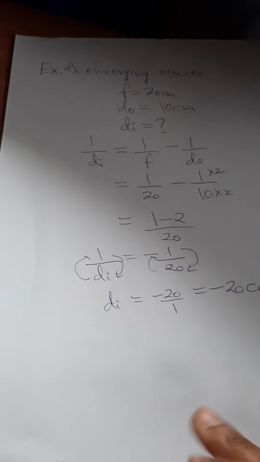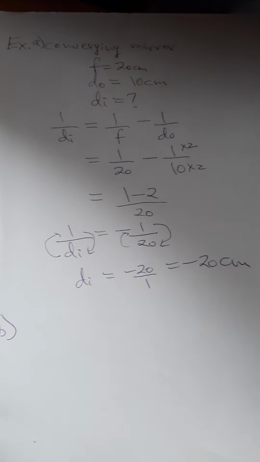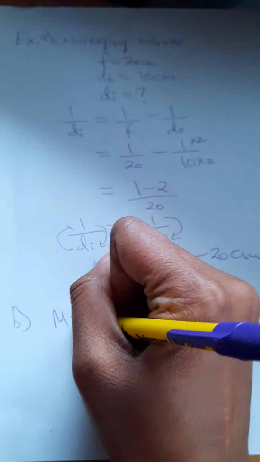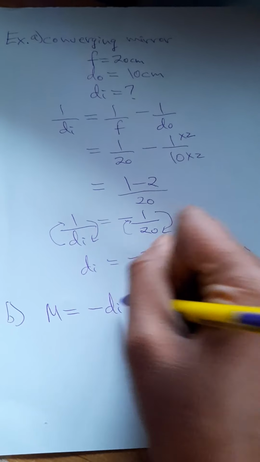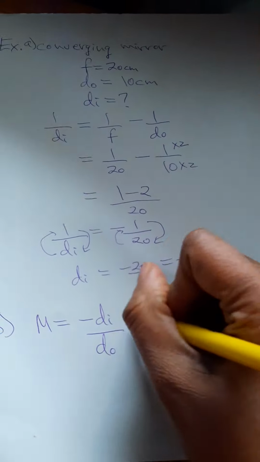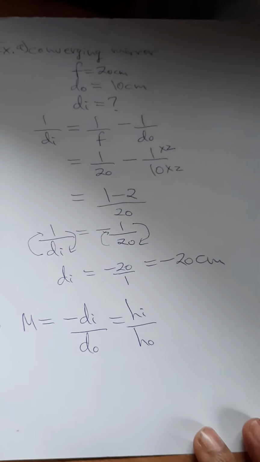Whereas part B is asking you for what is the magnification of her face. When you're doing the formula for magnification, it's negative di over do. The whole formula is actually equal to hi over ho.